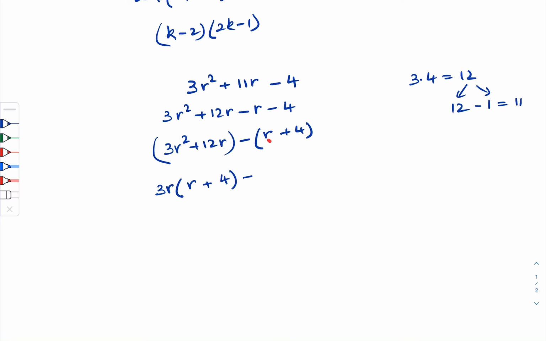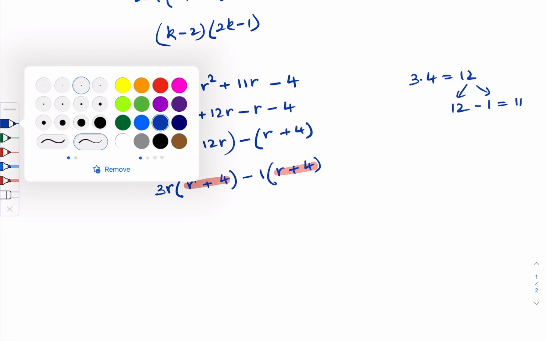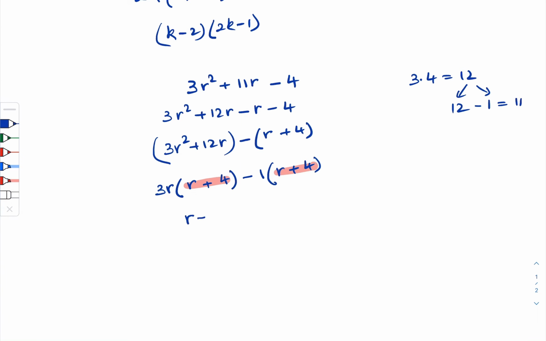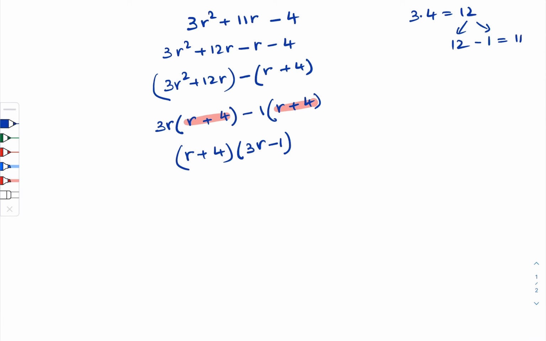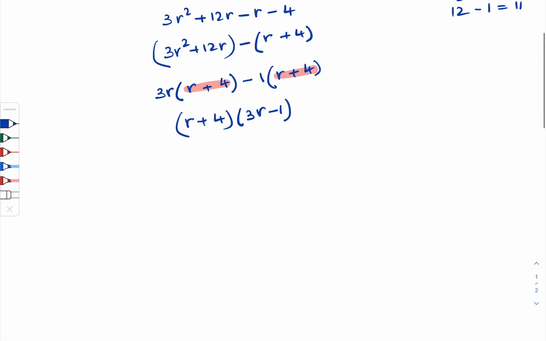Again, nothing common to r and 4, so you pull 1 out. Those two match, so we're on the right track. So I'm going to write it as r plus 4 times 3r minus 1. Okay? All right. Now let's take a look at a factoring problem that's a little different from this one.